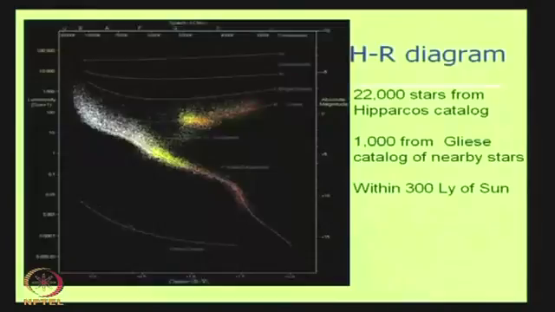Okay, so you will get something like this. This is a large collection of stars for which the distances are known. The distances for all these stars were determined by Hipparchus. Earlier on, before this satellite was launched, you would have had fewer stars, but for the main sequence fitting to work, you need to know a collection of stars whose distance is known.